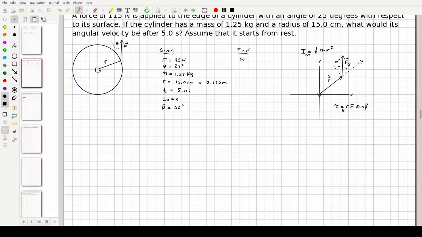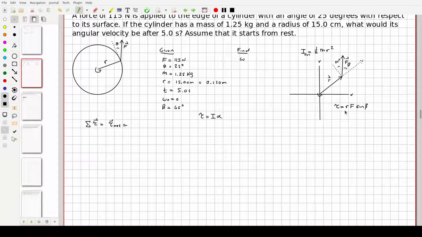So now this torque right here is going to act on the inertia of the cylinder and cause it to experience angular acceleration. All right. Now, if you sum up your torques using Newton's second law for torque, you want to write sum of torques. We do it so much, right? So we sum up our torques to get the net torque.